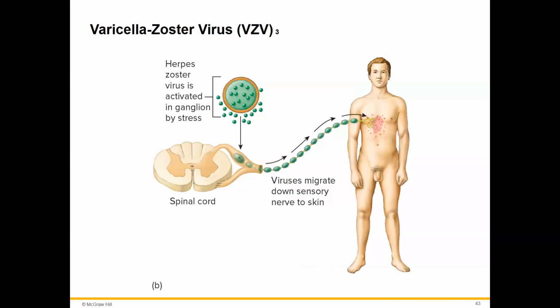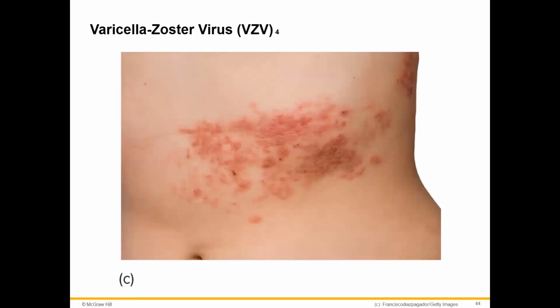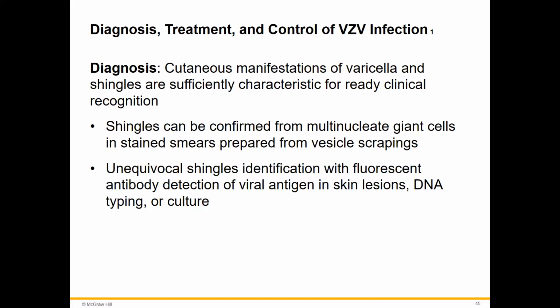So there's your chickenpox, and then this would be an example of shingles. It was in that one neuron, and then it's traveling through the ganglia to that dermatomal region where it innervated. And that's your shingles lesion. Ouch. That one hurts too. Okay.